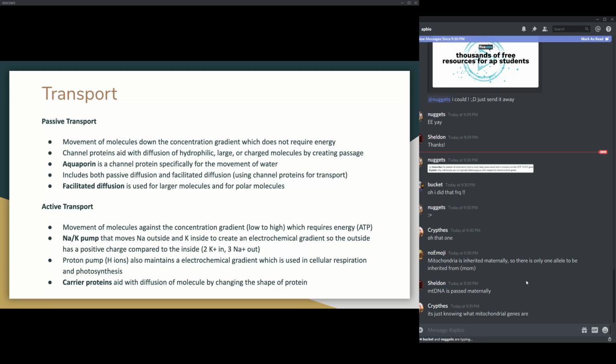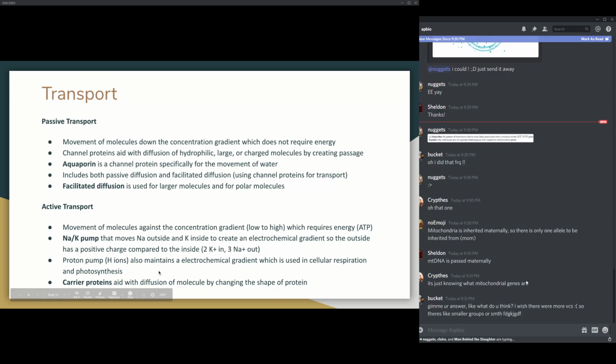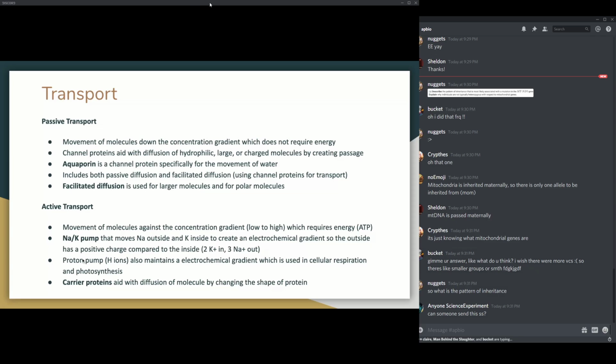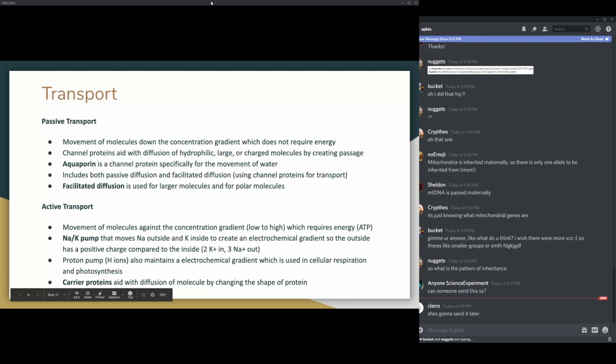I didn't put an example of that, but definitely in plants, if you're talking about transporting sugars, they don't necessarily use ATP, but they use an ion gradient to allow for active transport. But the ultimate thing is it requires energy.